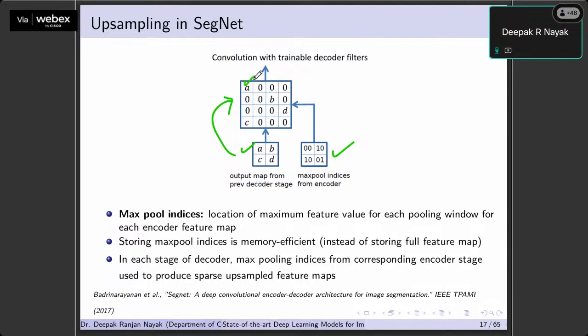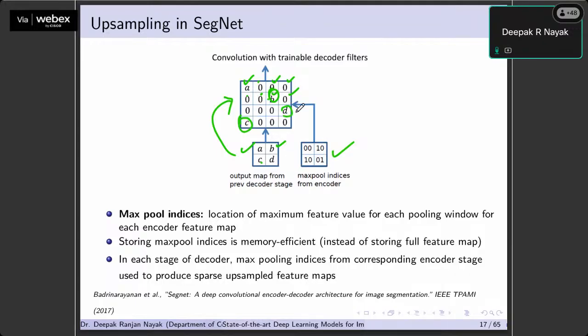So this is the 0 0 position, this is 0 1, this is 1 0, this is 1 1. For B, the winning index was 1 0. For C, it is again 1 0, and for D, it is 0 1.